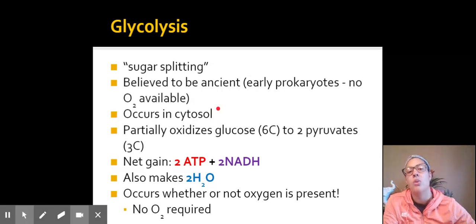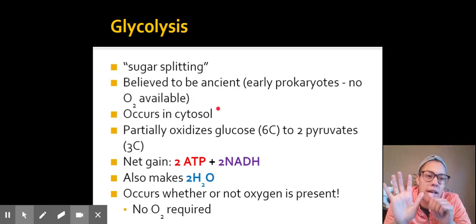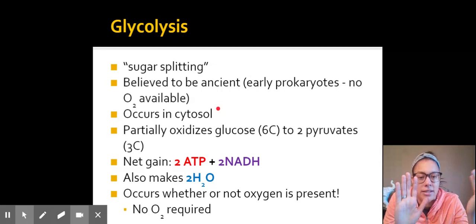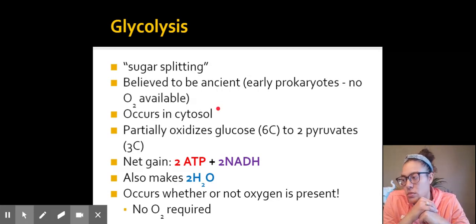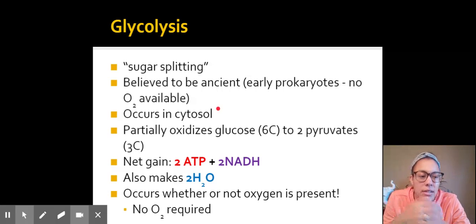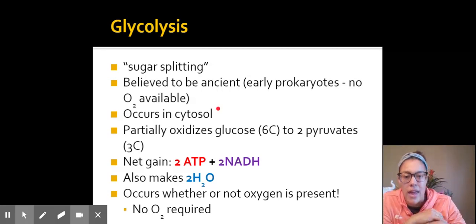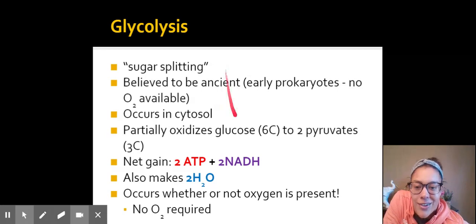So like I said, we're starting with our glucose molecule, which has 6 carbons, and then it's going to be chopped. So then we have 2 3-carbon molecules, which are called pyruvates, which is an oxidized form of pyruvic acid, if anyone really cares about that. We don't have to know that though.